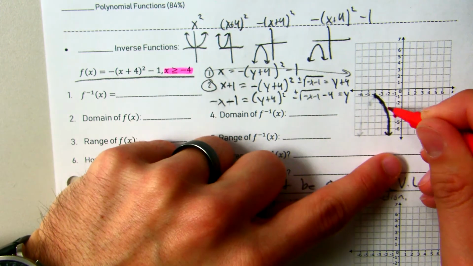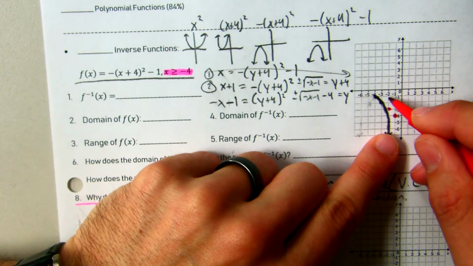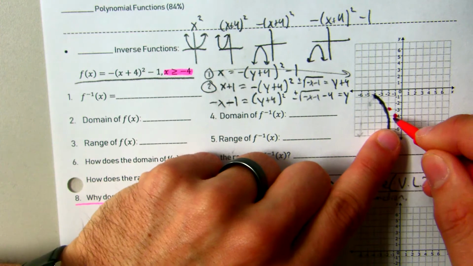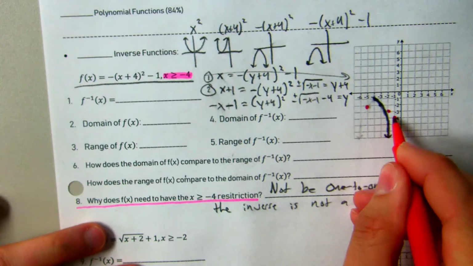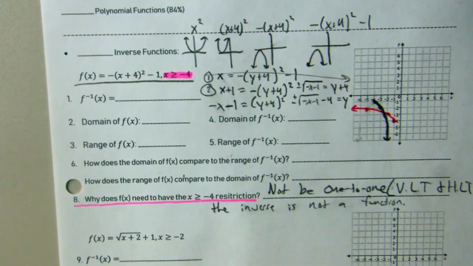So at this point, swapping x and y. This was negative 2, negative 5, so negative 5, negative 2. Of course, you can copy over more points, but it helps for you to see what it looks like.